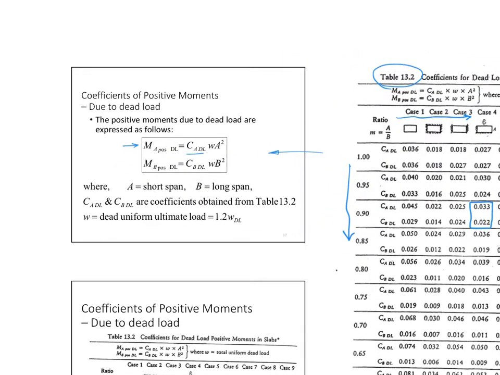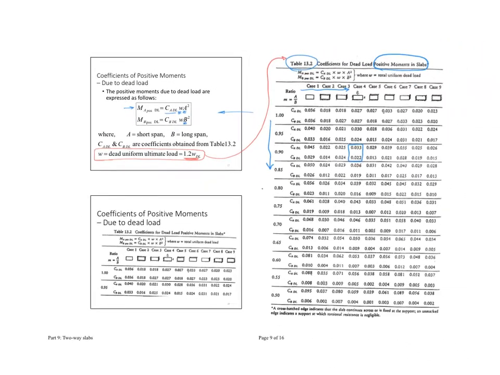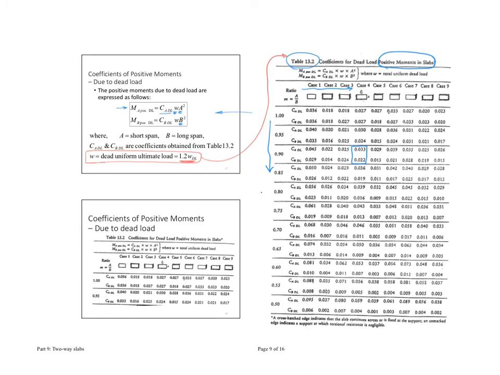So we take these values, multiply them by W times A squared or B squared, depending on whether it's in the direction of A or in the direction of B. Remember a very important fact here, that the W is only coming from the dead load, ultimate load. So the ultimate part of the dead load, which is the 1.2 dead, is what we use with table 13.2.